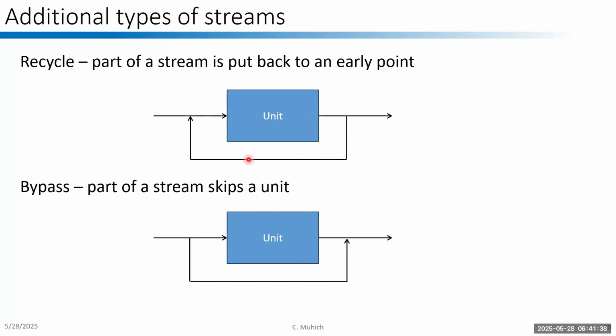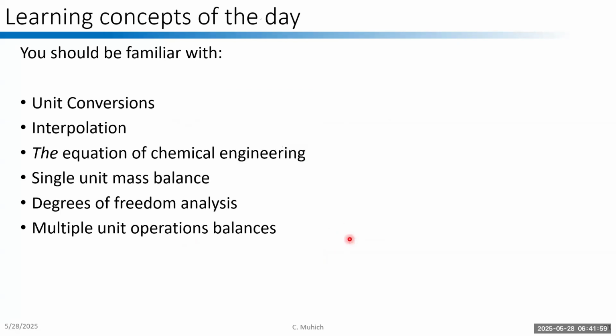So we might take some of that material coming out and send it back to go through that unit again. We can also have a bypass where a fraction skips a unit. So instead of going through, a certain portion comes through and then it's mixed in downstream.